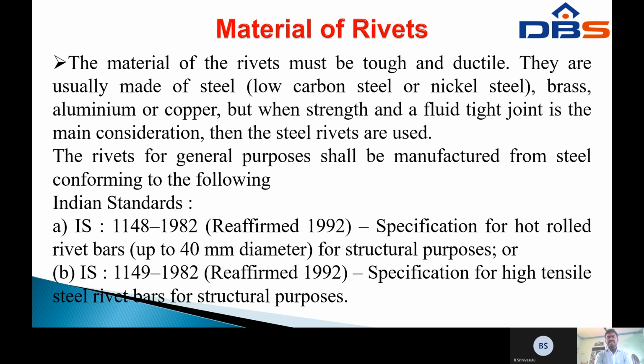Ductile materials are used as rivets. They are usually made of low carbon steel, nickel steel, brass, aluminum or copper.